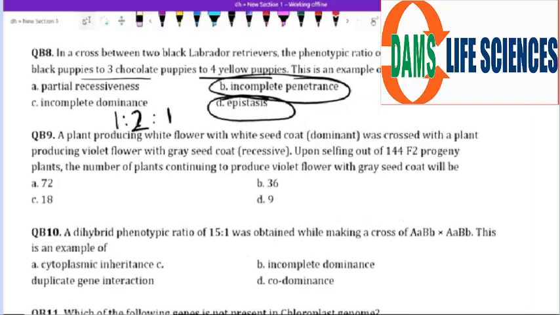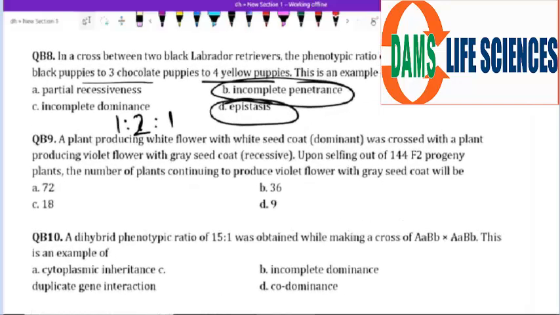Okay, so the next question: a plant producing white flower with white seed coat, which is dominant. We are talking about two phenotypes, one is flower color, one is seed coat color. These are dominant, and it was crossed with a plant producing violet flowers with gray seed coat, which is recessive.